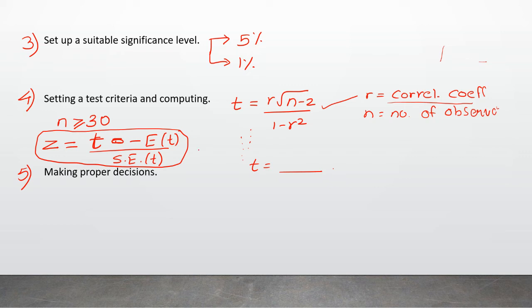Now, why this particular value? Whenever it is a large sample, that is sample size greater than or equal to 30, it is by default assumed that it follows a normal distribution.